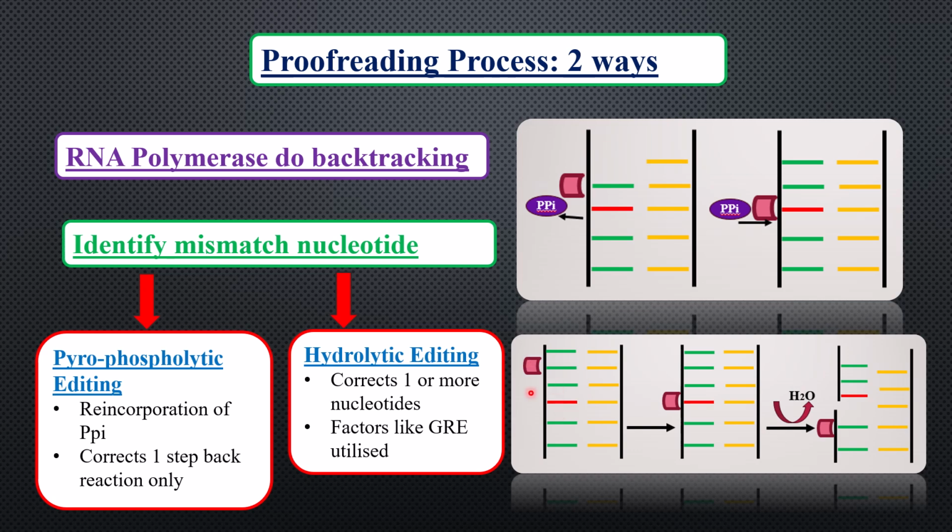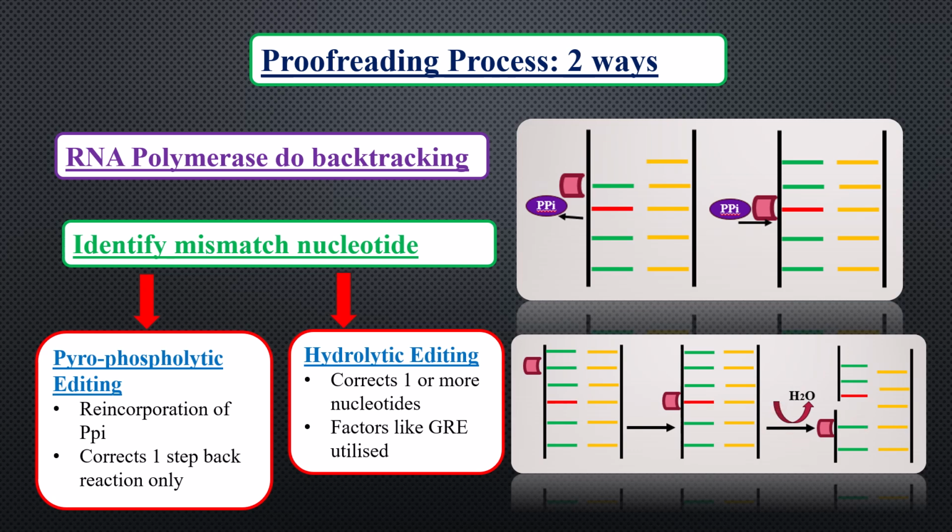Then it will come back to this location, a few steps back, and then it will remove all those nucleotides. So it will break down here and start correcting the nucleotides right from the mismatch.